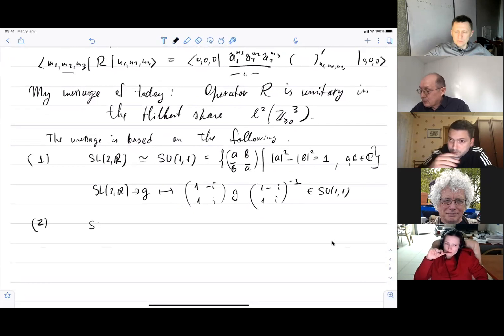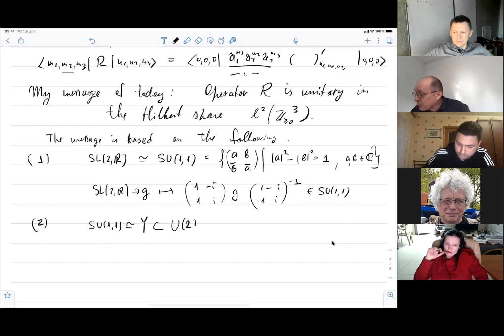And the second point is that I identify this SU11 with Y. So Y is a common notation for my set theoretical solution, right? So this SU11 is my Y, which sits inside the unitary group of 2 by 2 matrices, unitary, but not as a subgroup.